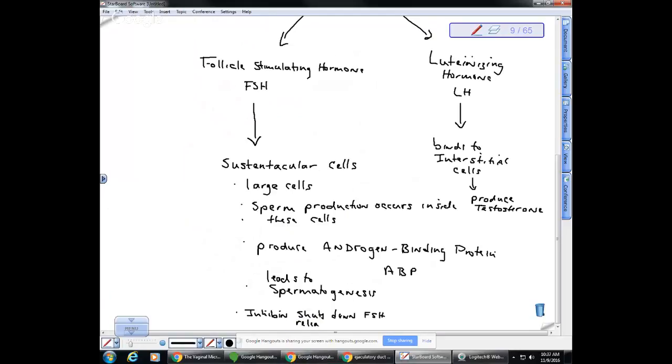Because we want the sperm to be produced at a high rate, but not too high of a rate, right? And then the same thing here, the testosterone, right? High testosterone decreases LH. So there's a negative feedback here. So as you increase testosterone, we would decrease the production of LH, right?